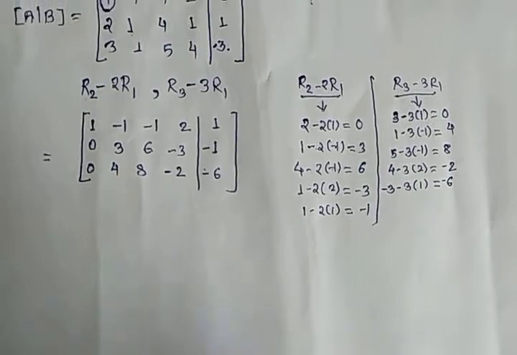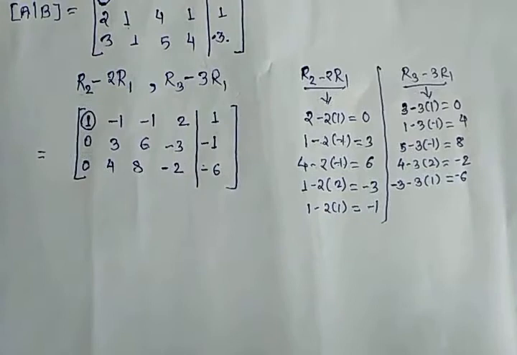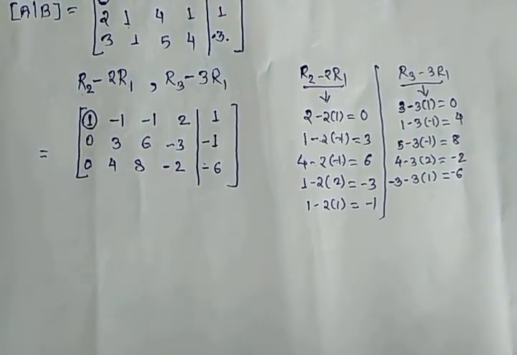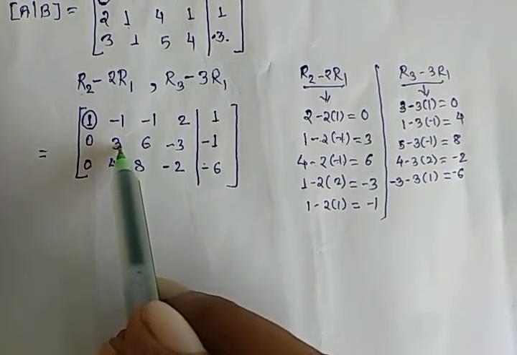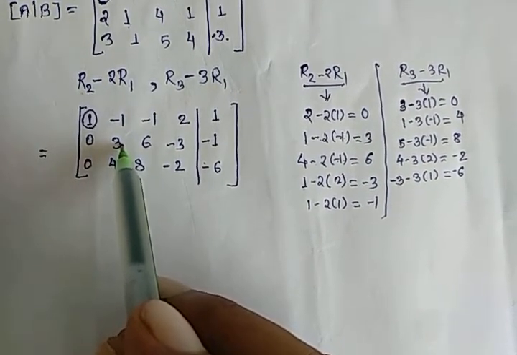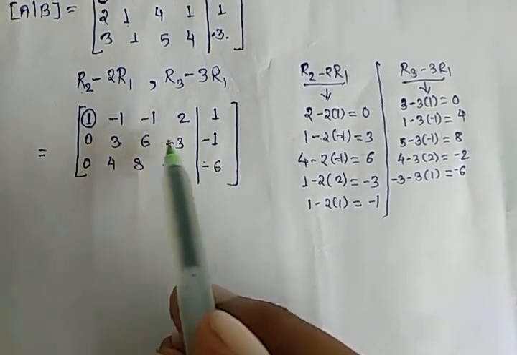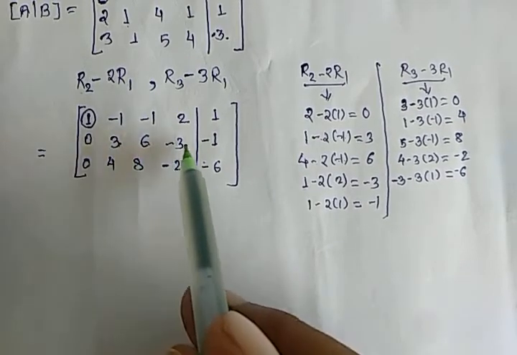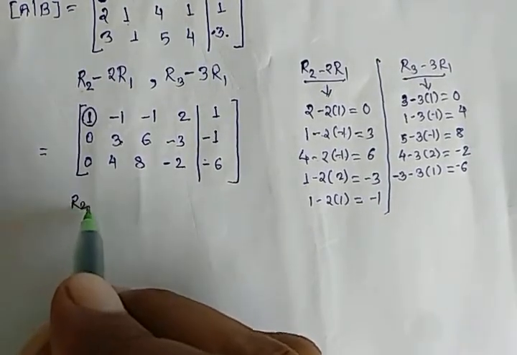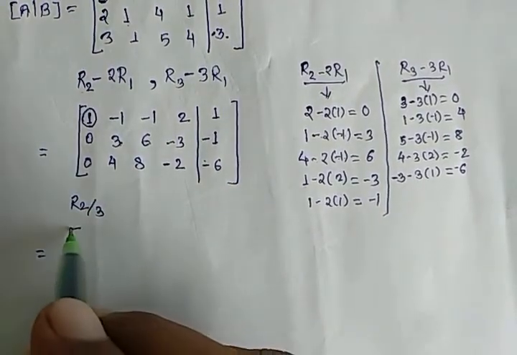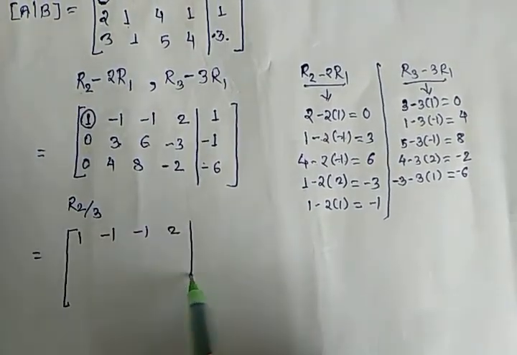Now here it is our leading 1. Now we have to make a leading 1 at position A22. Here we have 3, so first we divide throughout by 3 so that it will be a leading 1. So R2 divided by 3: the first row is 1, -1, -1, 2 as it is.